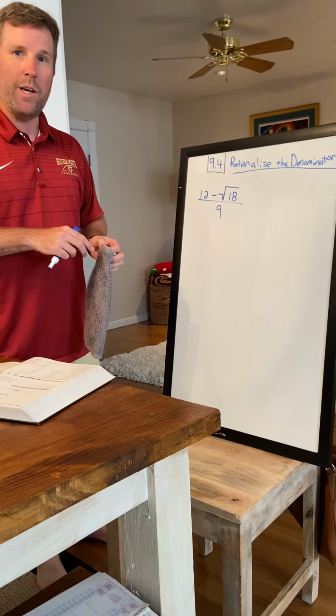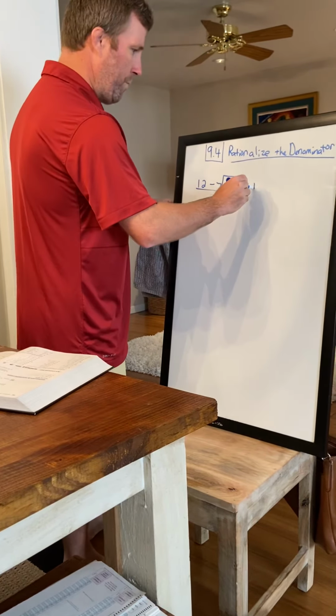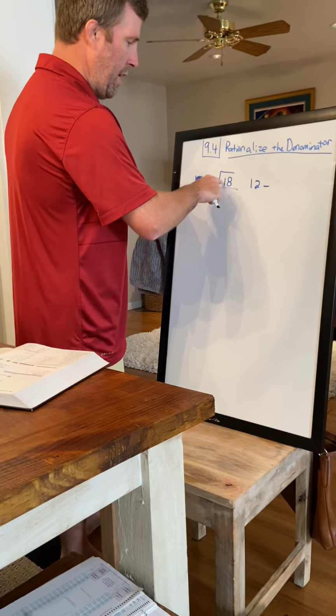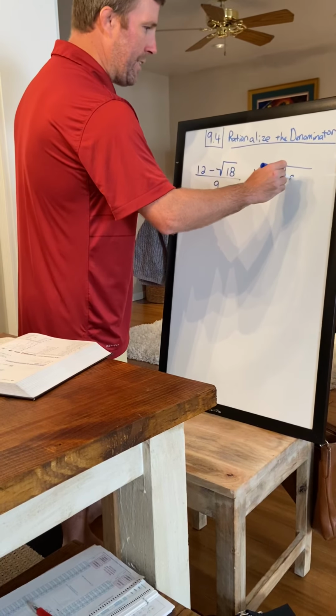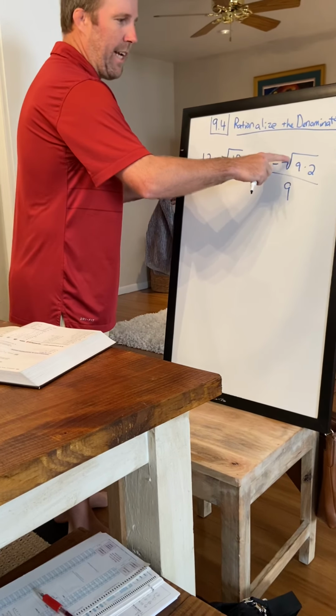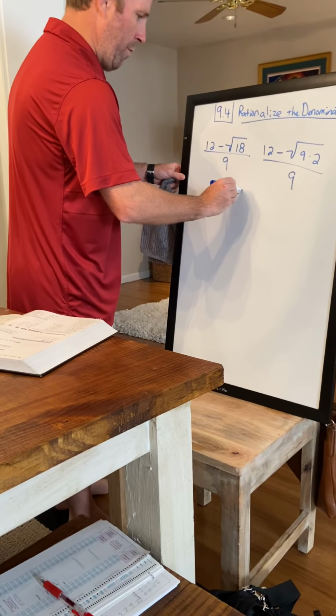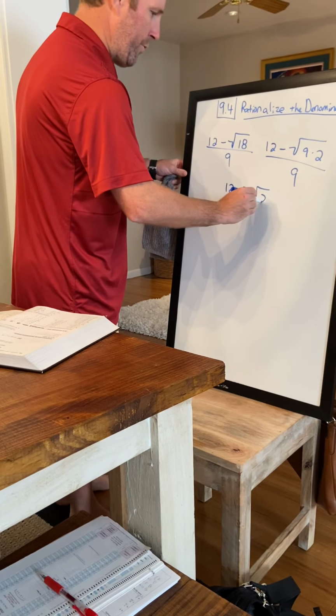But what I do have to do is simplify the square root of 18. So 12 minus, break down the square root of 18 into 9 times 2. Now I can actually take the square root of 9, which is 3. I bring it out front. So I get 12 minus 3 square root of 2 over 9.